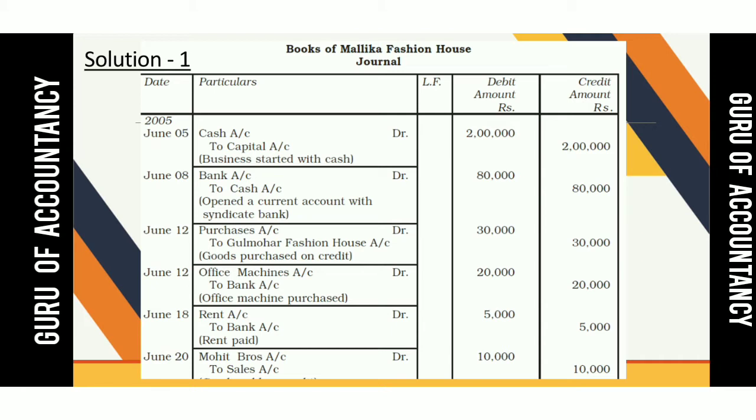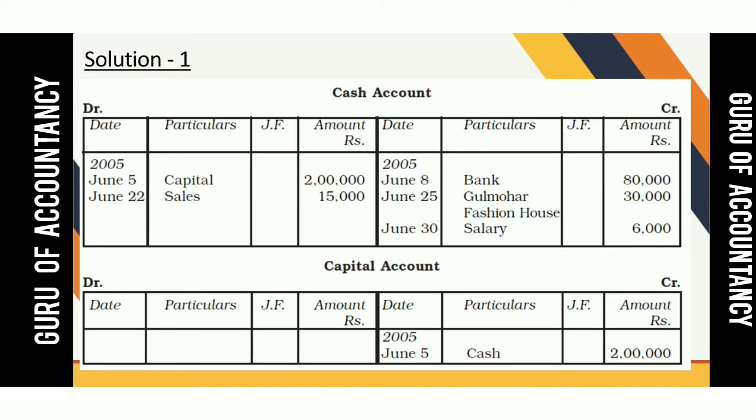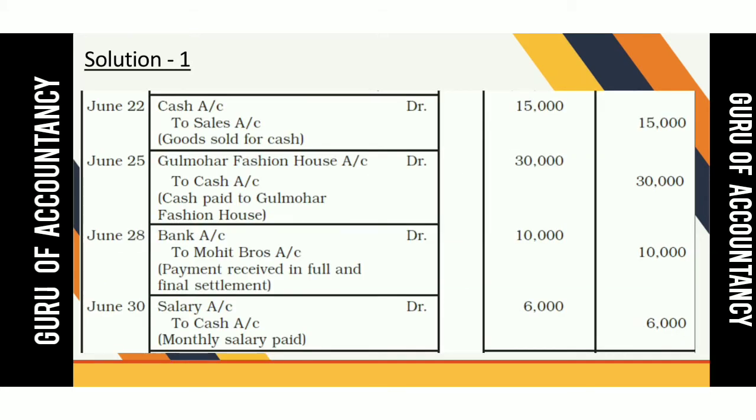So in the capital account we will write on the credit side, because the capital account is credited. On the credit side we will write by cash. The opposite account we have to write, by cash, and since it is on the credit side, we will write the word by. So see the capital account credit side: June 5 by cash rupees 2 lakh. In this way the first entry is posted.